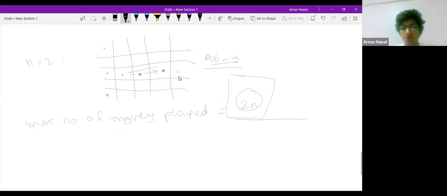So can you show some strategy? From the initial experimentation it looks like Bob is winning, might be true, might not be true. So can you show some strategy for either Alice or Bob?